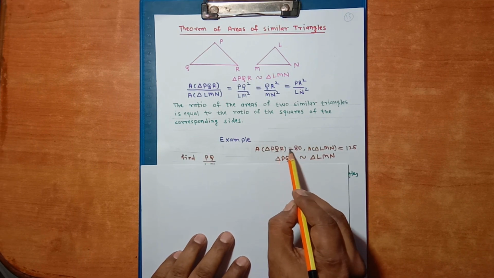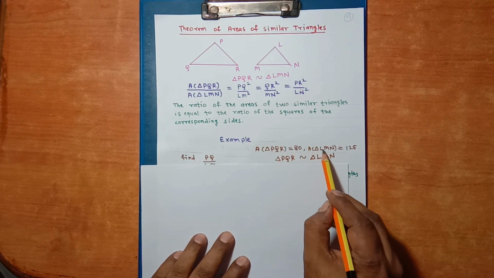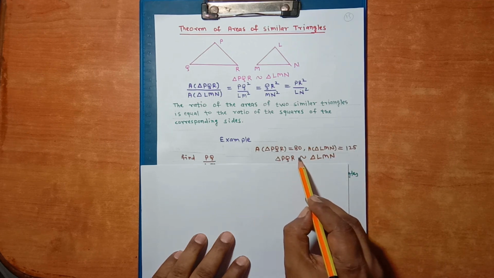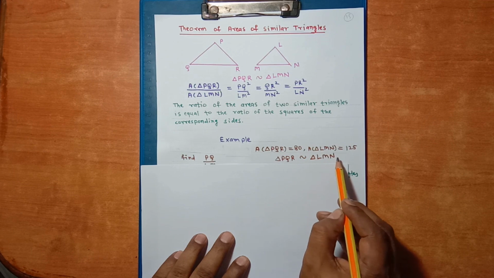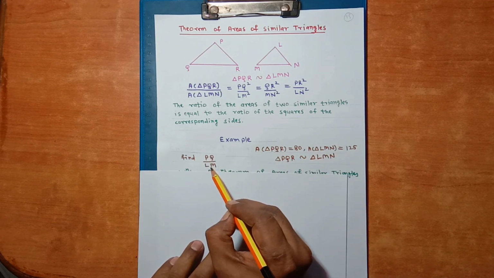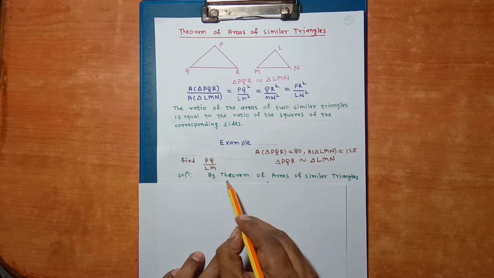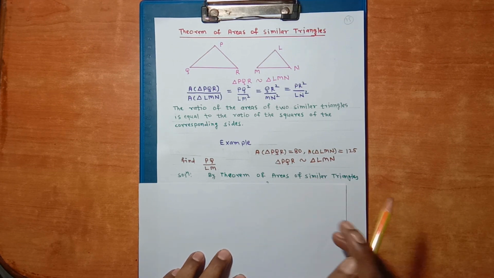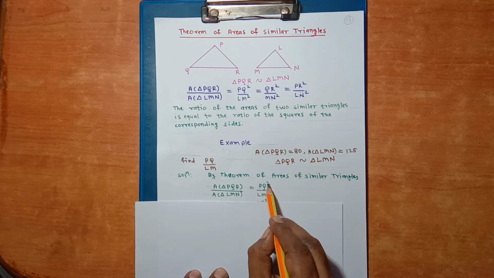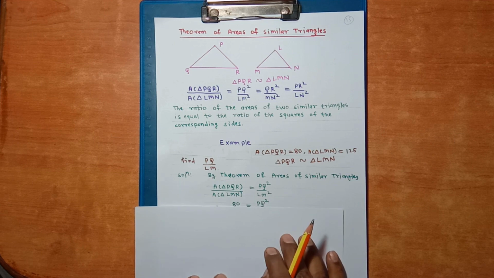Area of triangle PQR is 80. Area of triangle LMN is 125. Triangle PQR is similar with triangle LMN, and we have to find out the ratio of side PQ to LM. By the theorem of areas of similar triangles, area of triangle PQR upon area of triangle LMN is equal to PQ square upon LM square.